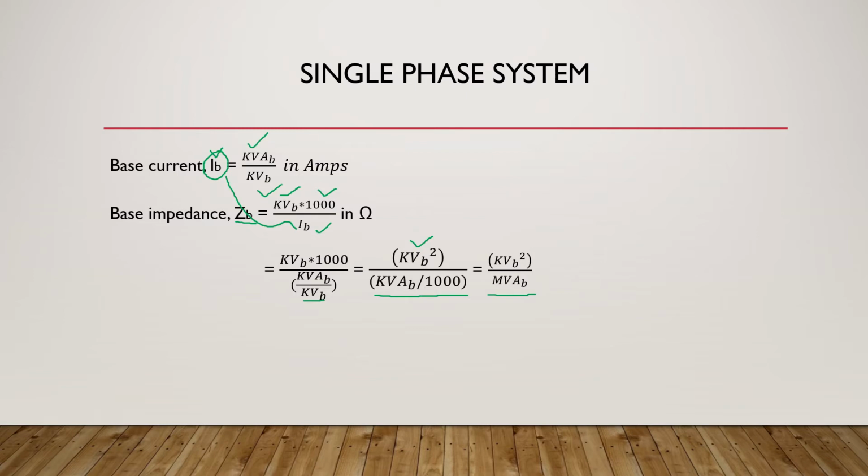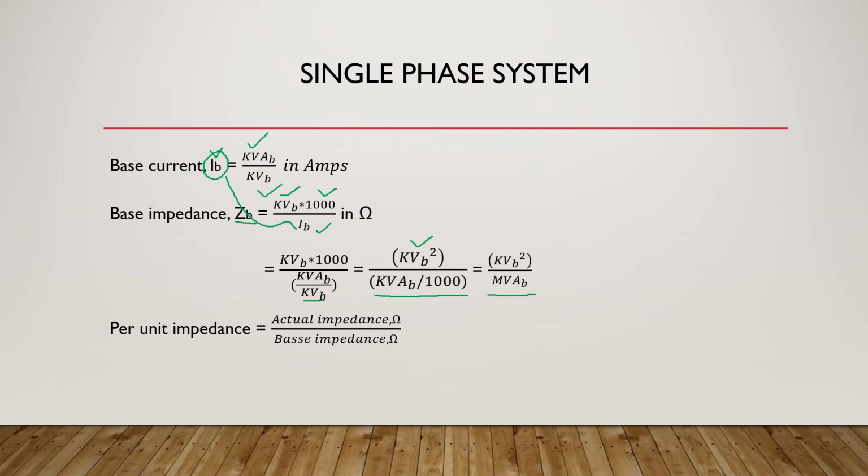We are given power and voltage, and we have derived the relations for base current and base impedance. Clear? Now, if I want to calculate the per unit value, what is the formula? The actual value divided by the base value. Let us take the per unit value for impedance.